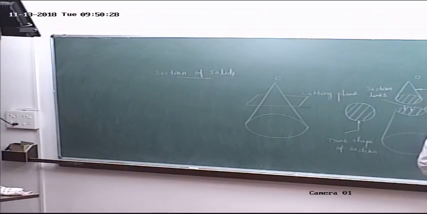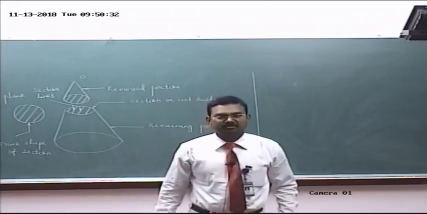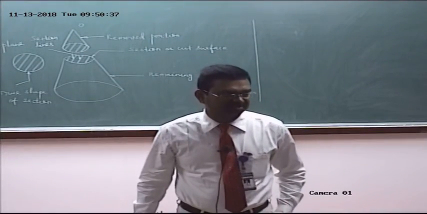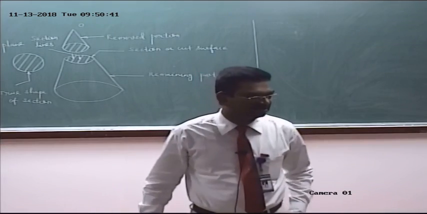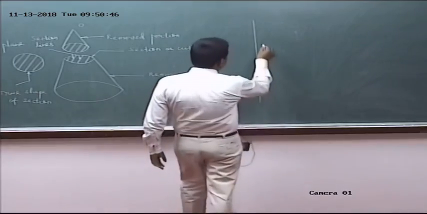So in this chapter, before solving the problem, you should be familiar with the terminologies of section of solids. In the chapter section of solids, we are using 5 terminologies. The first one, cutting plane.